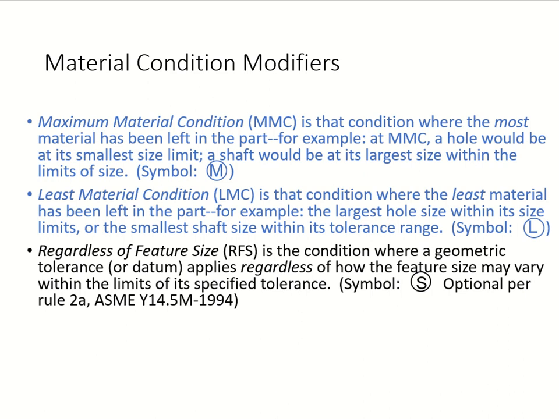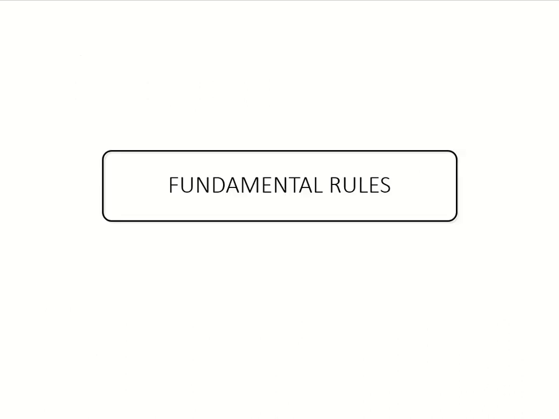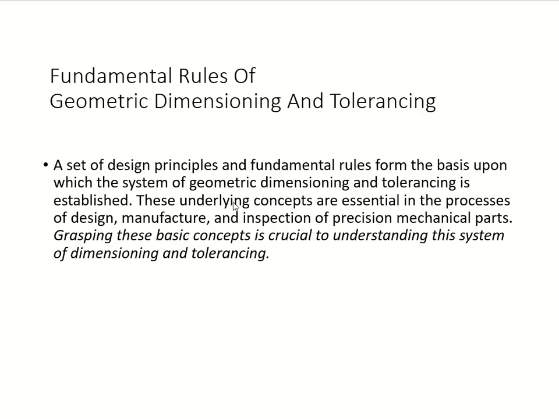Okay, so let's get into fundamental rules. So this is in the second handout. Alright, so fundamental rules, we'll get into it for the G, D, and T. So this is what we write: G, D, and then a little n, and then T, meaning geometry, dimensioning, and tolerancing.